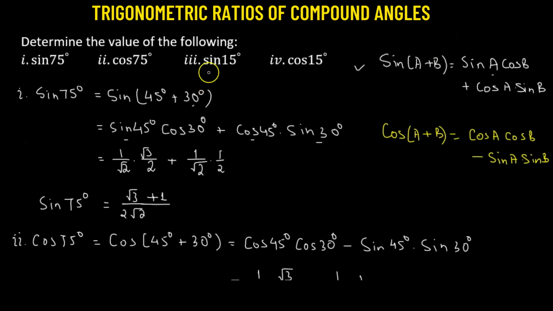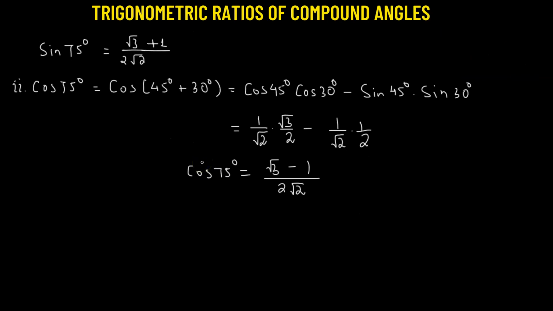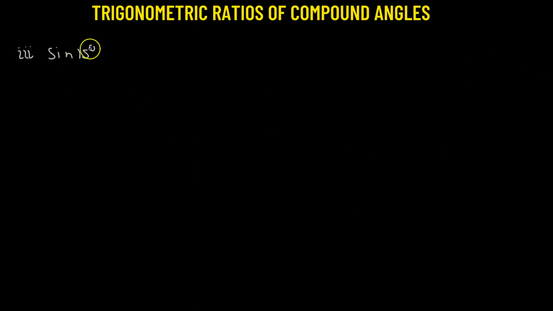Next, part 3, we have to find out the value of sine 15 degrees. We can rewrite sine 15 degrees as sine of, so we can subtract 30 degrees from 45 degrees, and that should give us 15 degrees. Now we will use the formula for sine (A minus B).